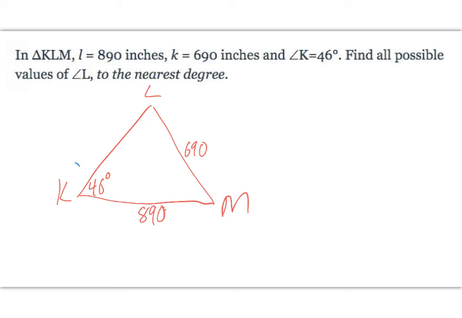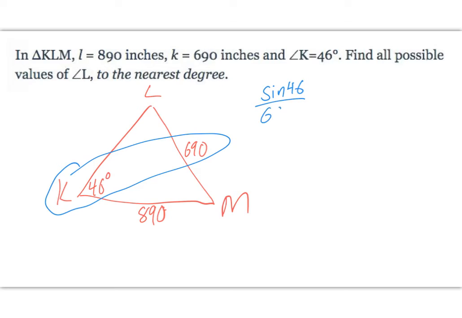So I've got sine of K divided by 690. So sine of 46 divided by 690 is equal to, and I'm going to choose L because that's what I'm trying to find out, sine of L divided by 890. Going to multiply the 890 to the other side and evaluate some stuff.